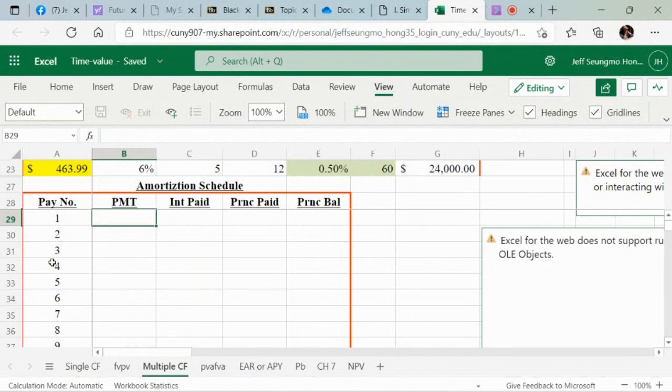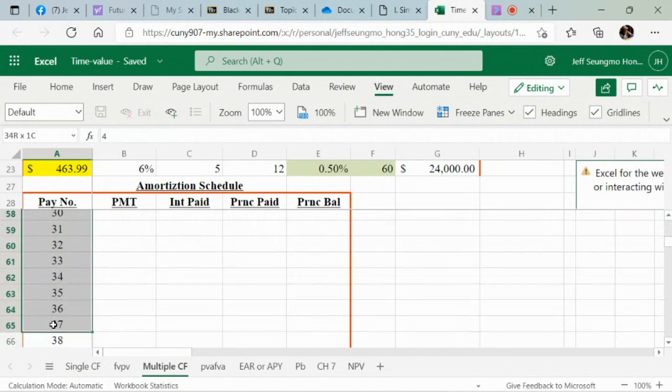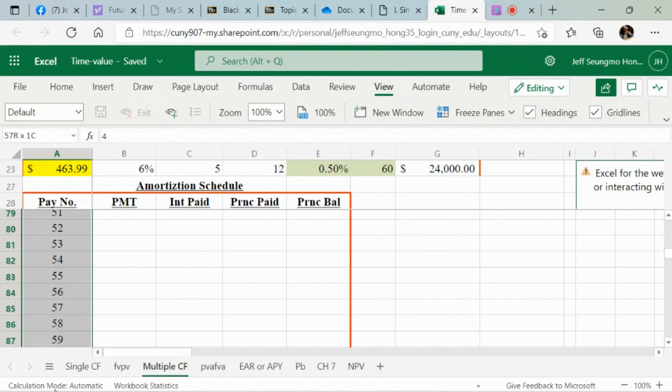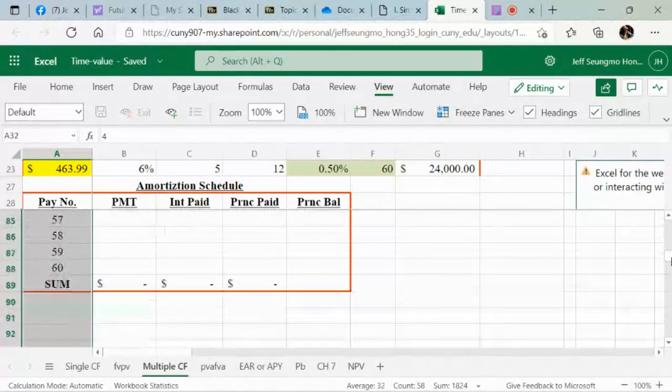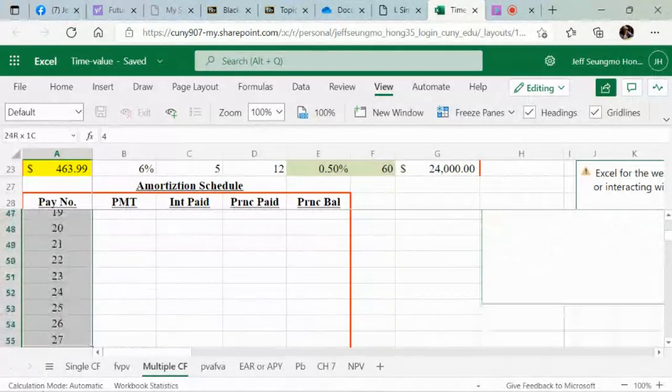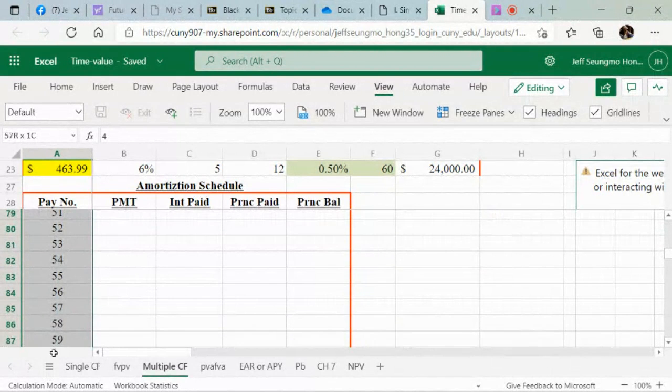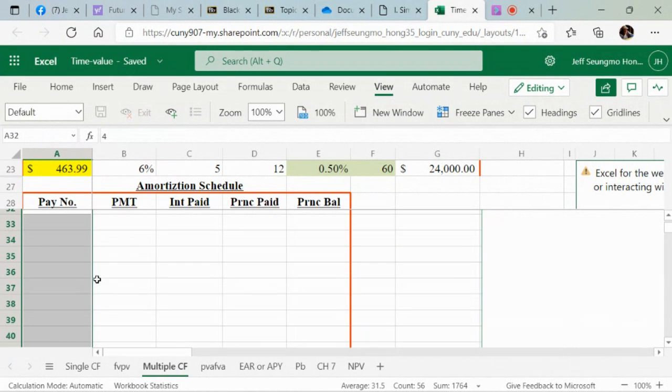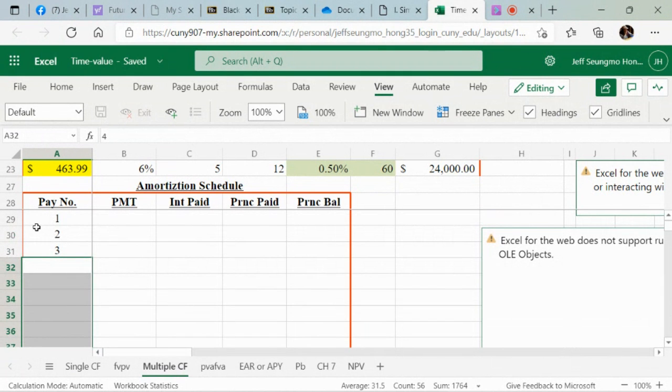And also, here, these payment numbers were automatically generated. How? If I delete that, first you enter 1, 2, 3.